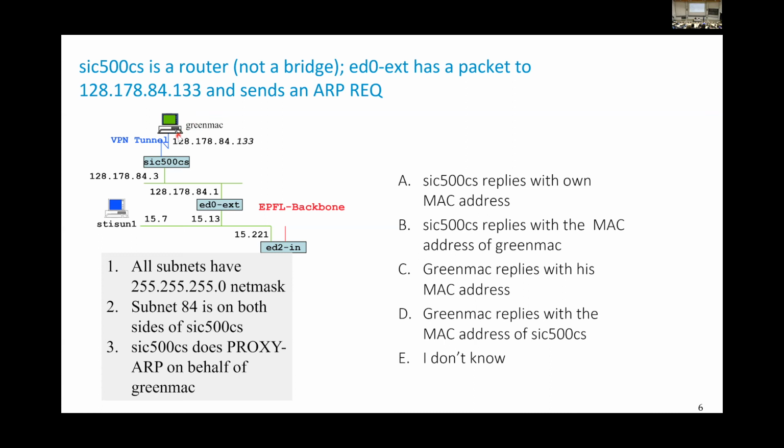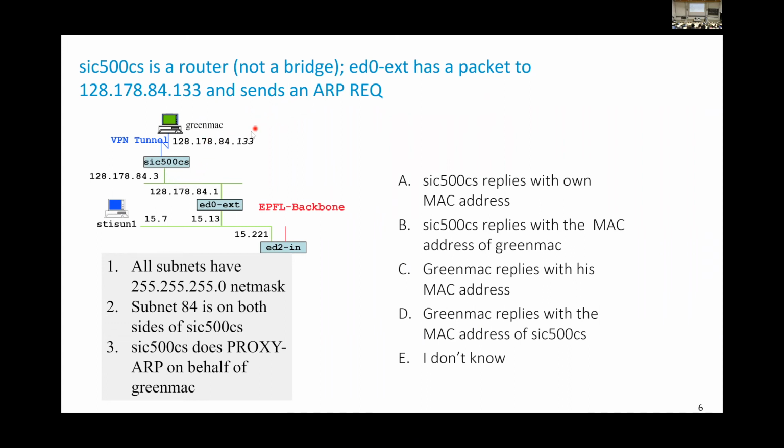That's the goal of VPNs, to decrease the perimeter of attacks by reducing the access to machines here. Now, from a protocol viewpoint, when you connect to the VPN, you get an EPFL address, as if you belonged to the subnet here, 84, which is the subnet on which the VPN server is connected. In fact, there are multiple VPN servers for reliability and performance, but I show only one here.